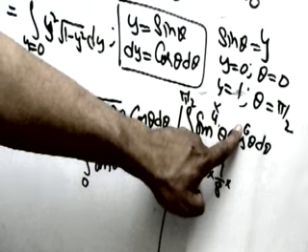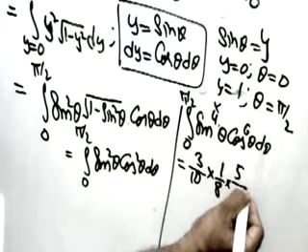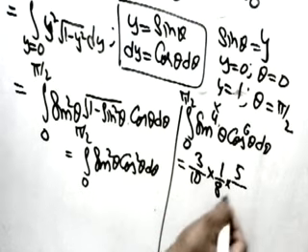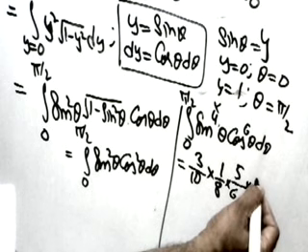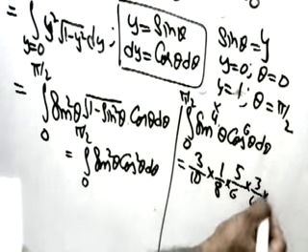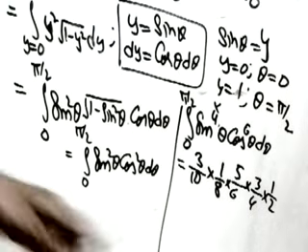In the same way you have to reduce this by 1. 6 means 5. Now continue: reduce again, 8 minus 2 will be 6, 5 minus 2 is 3 by 4, again reduce by 2, 1 by 2.